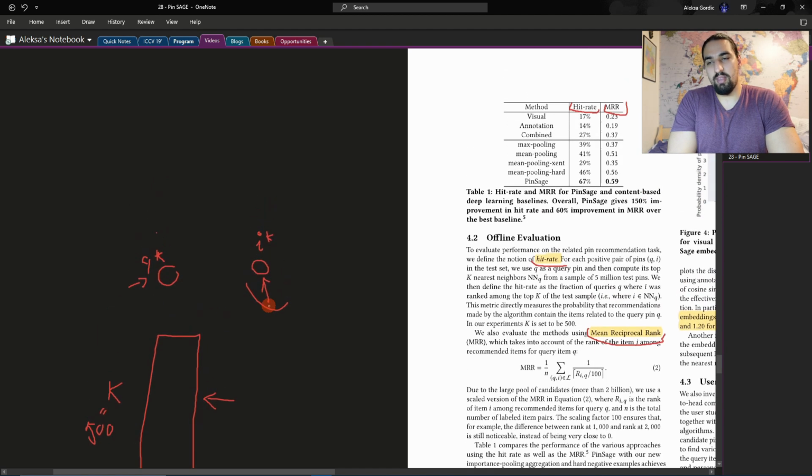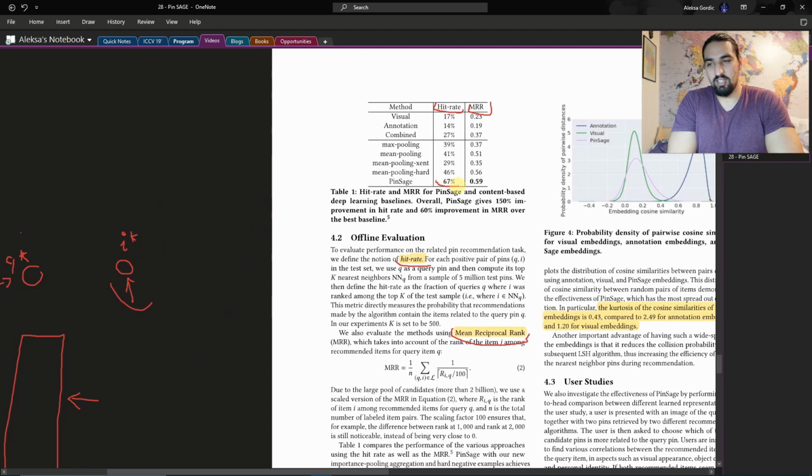Looking at that, you can see that PinSage has a 67% hit rate compared to these simple baselines like visual annotation and the combined one. The combined one is better, as expected, than purely using text or images, and PinSage is also better than all of these maybe simpler baselines.